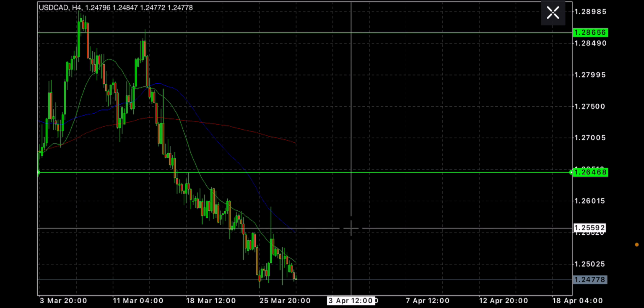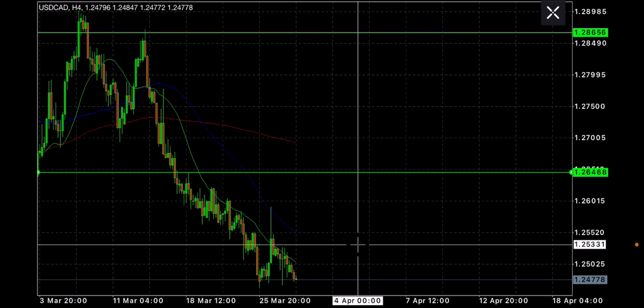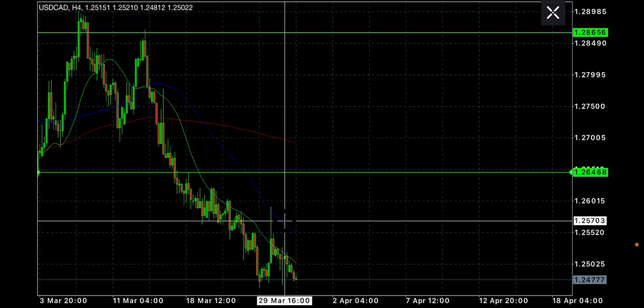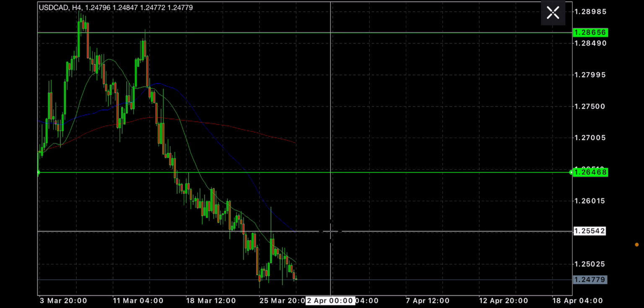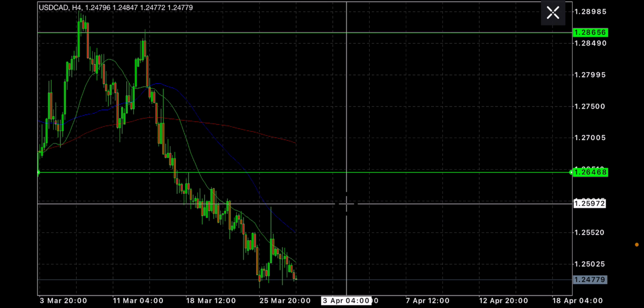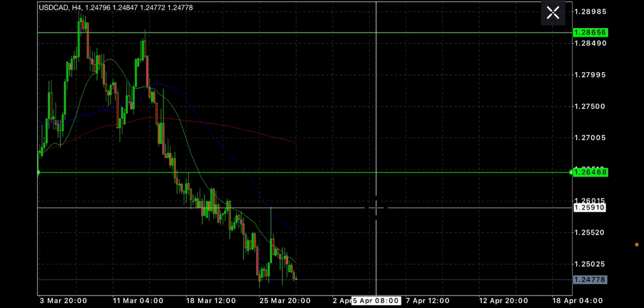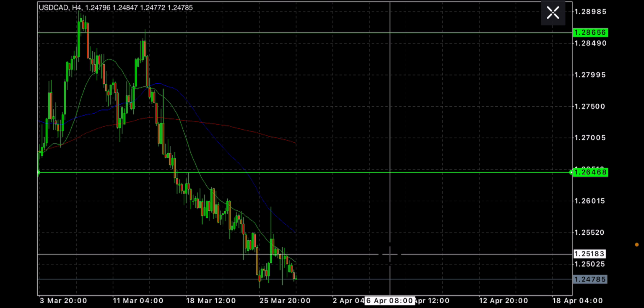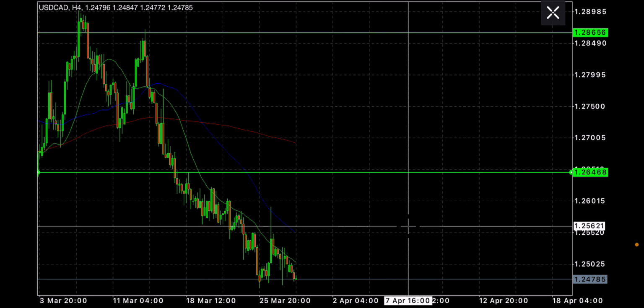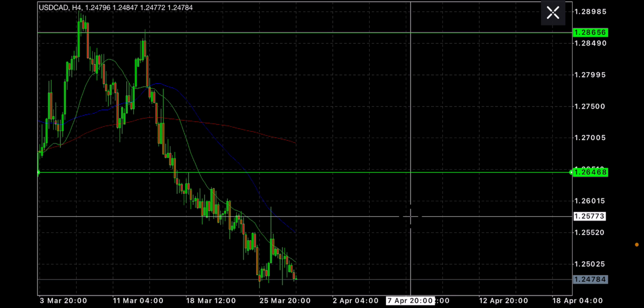If we do come down, I don't think it's going to be as aggressive as last time. So we're going to have a push up to this area here, possibly as high as this area here, before we start ranging and coming back down. Then we'll probably come down to this area here before we continue in our long position.